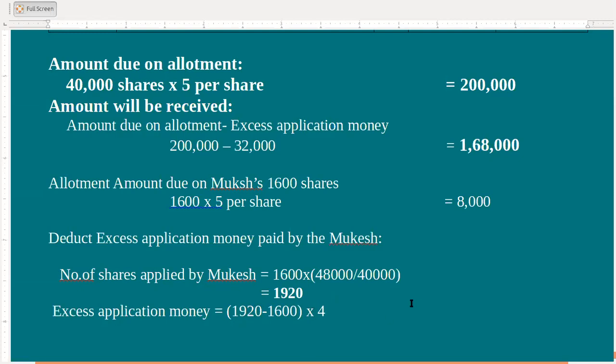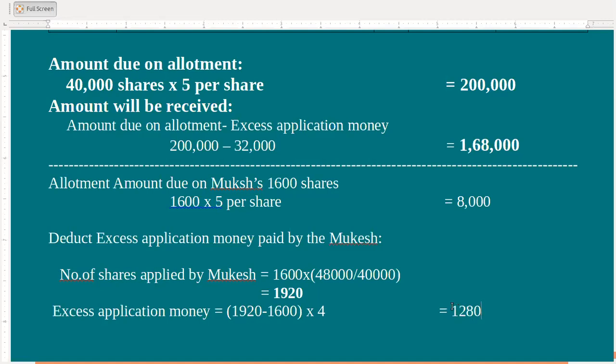So what will be the amount here? 1,280. Yes, very good. 1,280.